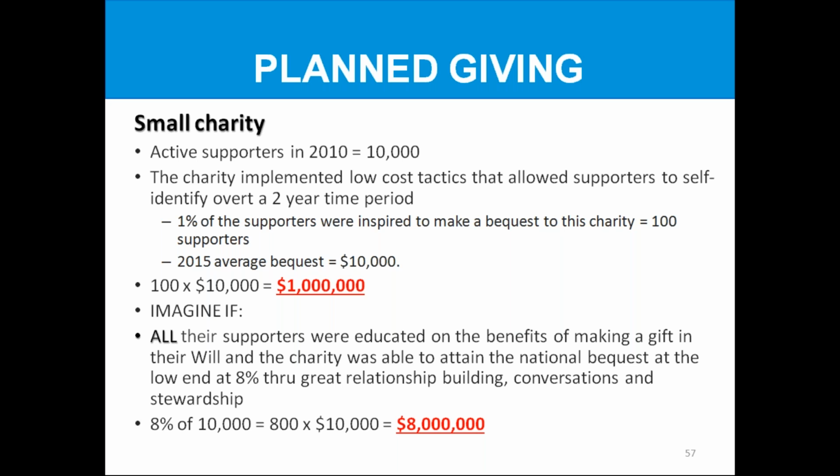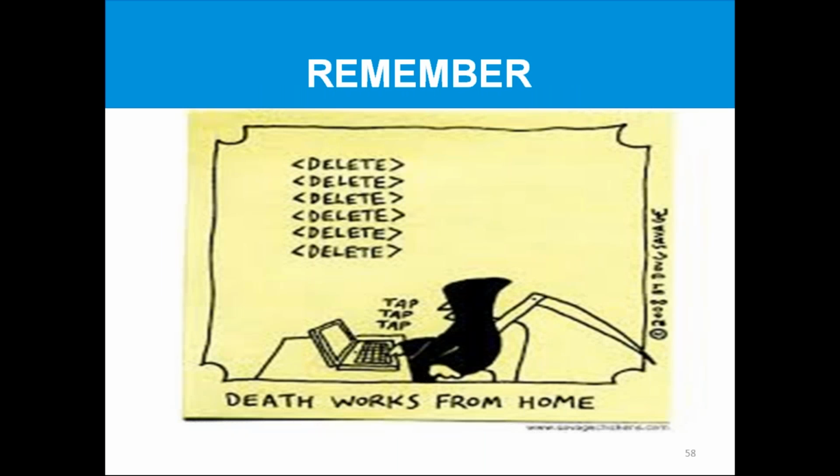They implemented all the low cost and no cost tactics over a period of 2 years. 1% of their supporters were inspired to let them know. They did a really good program called the Pioneers, and their average bequest was $10,000. So they had 100 people who had put up their hand at an average of $10,000.